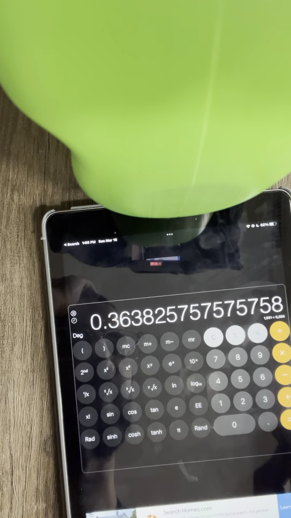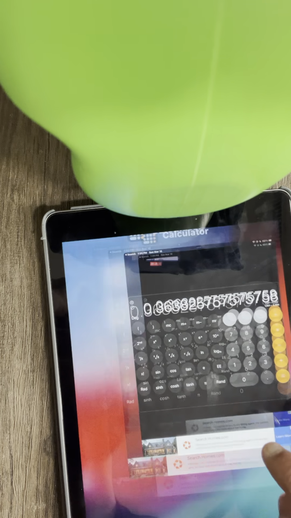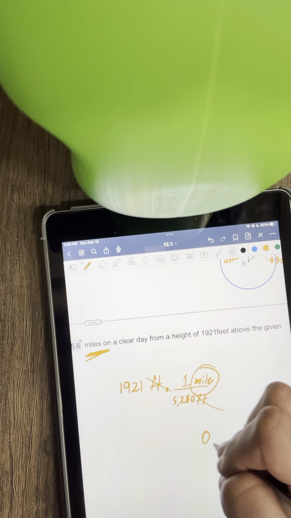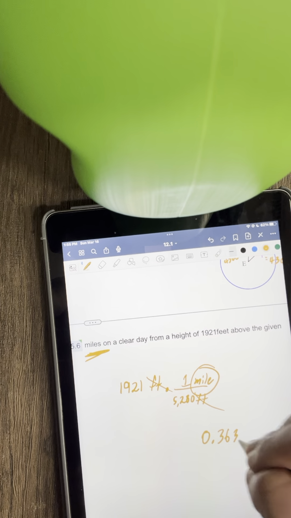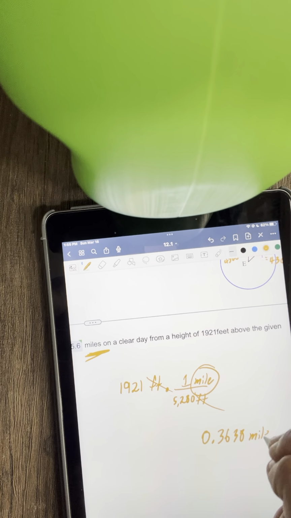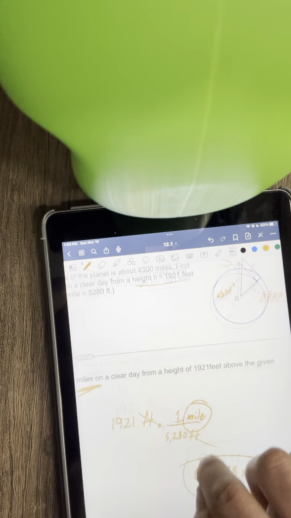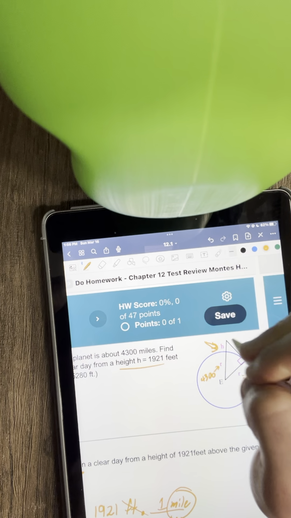That's going to give me 0.3638. 0.3638 miles.